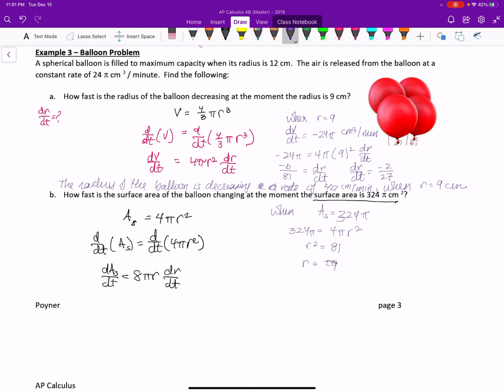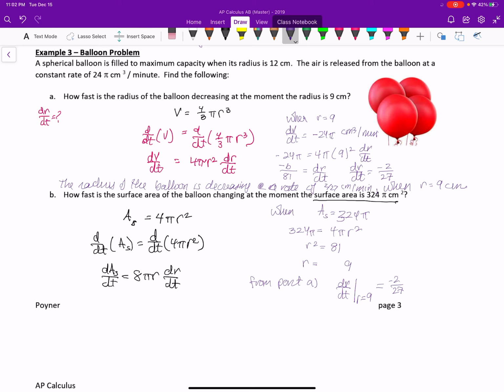So then it's just going to be positive 9, right? Oh, wait, I know I have found above dr/dt when the radius is 9. So from part A, we know dr/dt when r is equal to 9 is equal to negative 2 over 27.